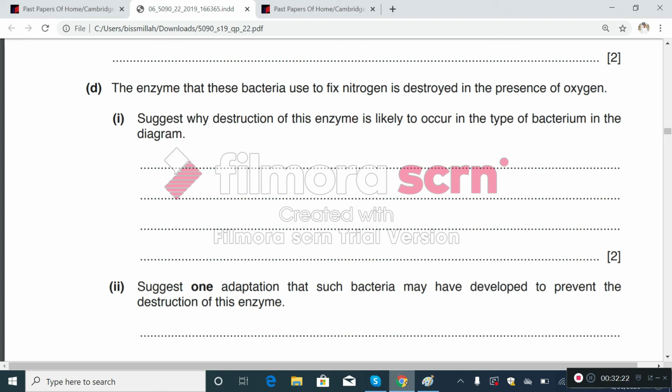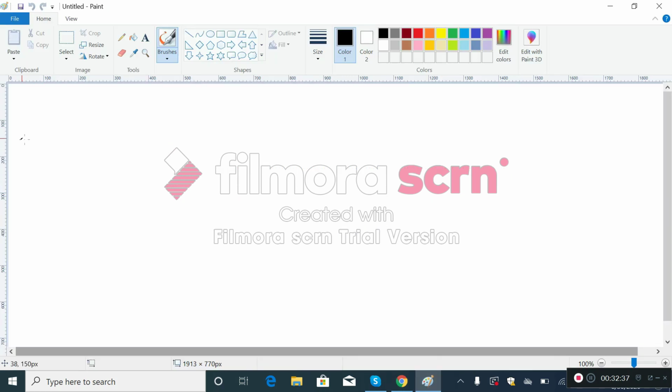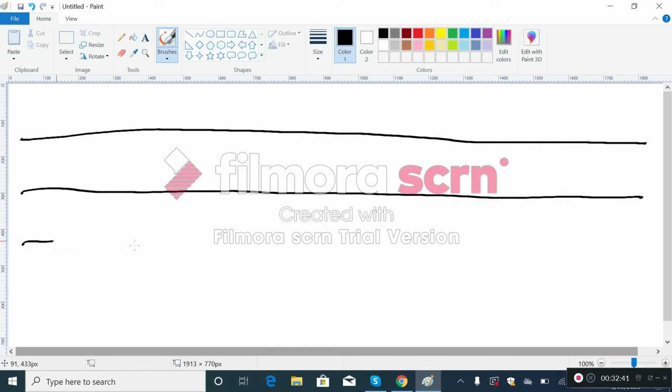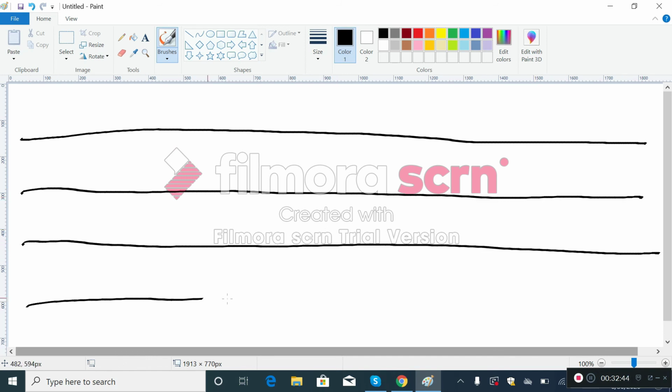They cannot work in the presence of oxygen. So let's see how we have to answer this question for 2 marks. Let's first draw the lines and write our answer.